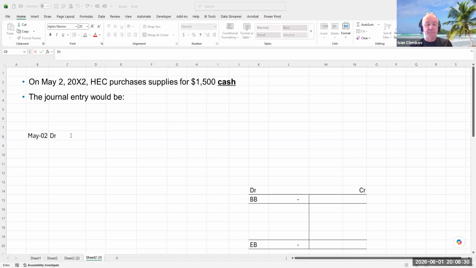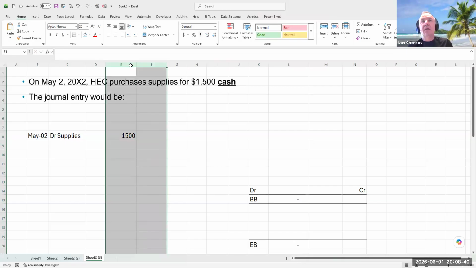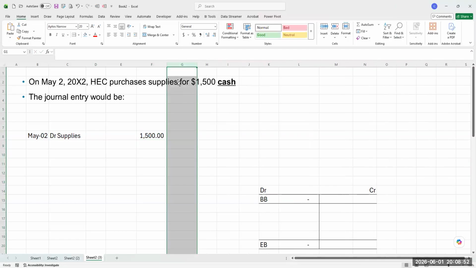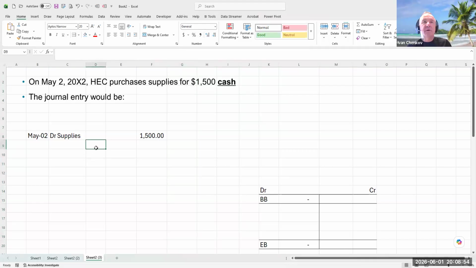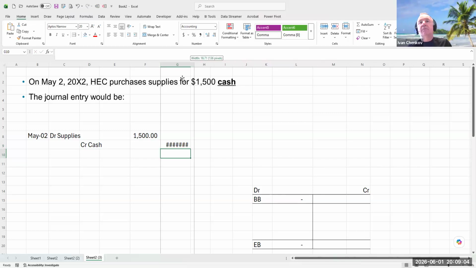Debit supplies, for how much? For $1,500. What does the company give up? Cash. How much cash? The same amount. So credit cash, $1,500. Debit equal to credit. We're perfect.